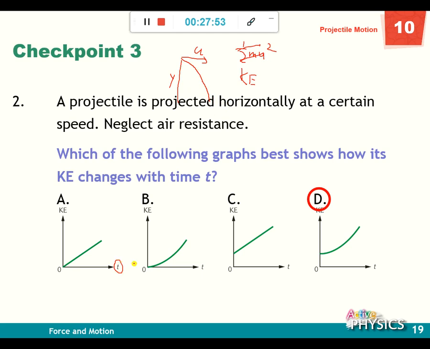As time goes on, the KE should keep increasing. But pay attention. The initial one has u, it means that we have an initial KE. This initial KE is not 0, it should be greater than 0. So option A and option B should be incorrect because they start from the origin. So it should start from here, and afterwards go like this.